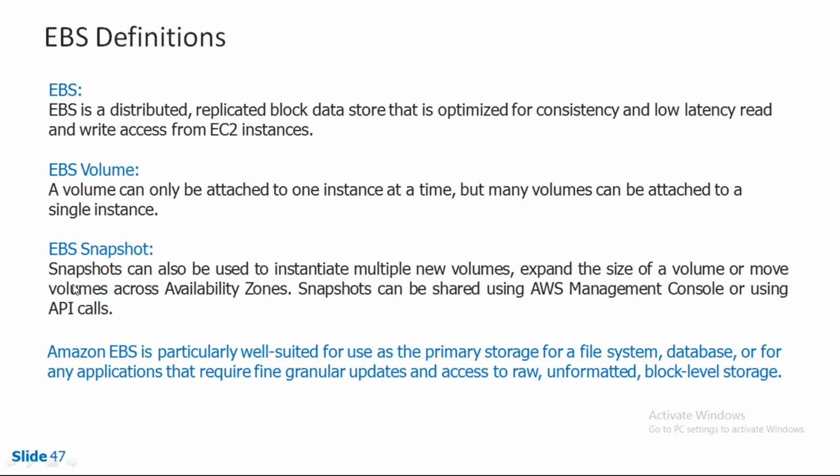And EBS snapshot. A snapshot can also be used to initiate multiple new volumes. So this is another point. It's not only for backup. You can take the backup of your volume, but how do we safeguard, or how do we get the data back when some volume is corrupted? And it's not only that the volume is corrupted.